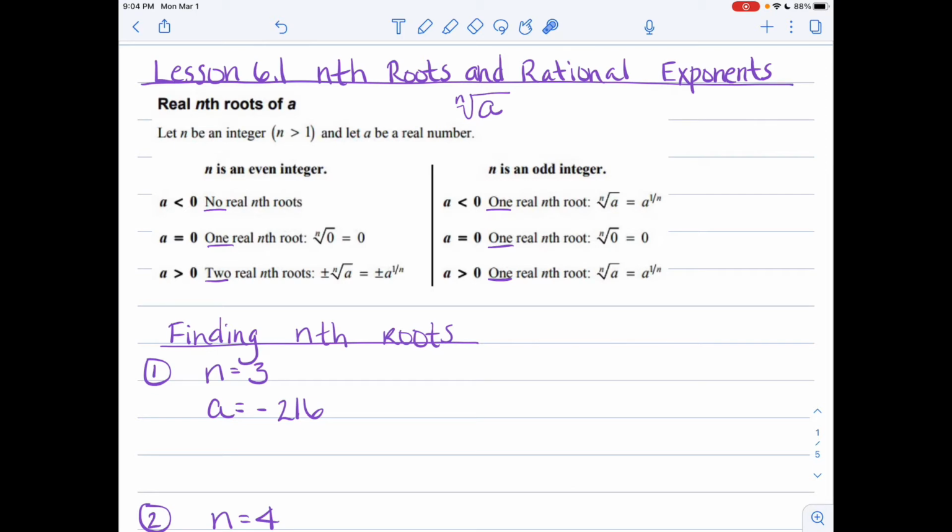If a is less than 0, then it just means that our root is going to be a negative number, just like a is. If a is equal to 0, we will get 0 as a result. And if a is greater than 0, we will get a positive number, just like we're starting with. And again, we can write the expression in our rational exponent form.